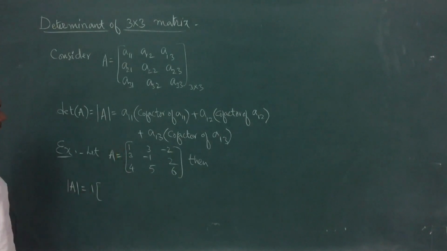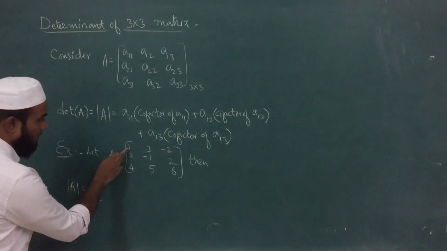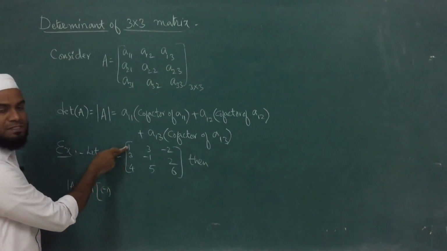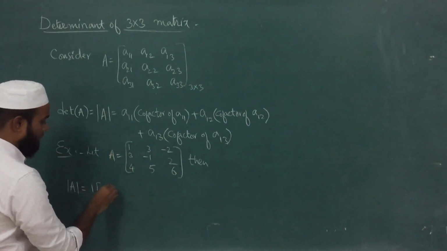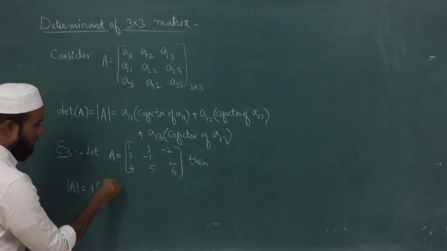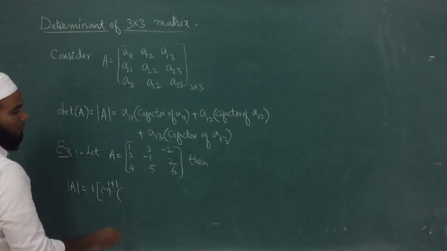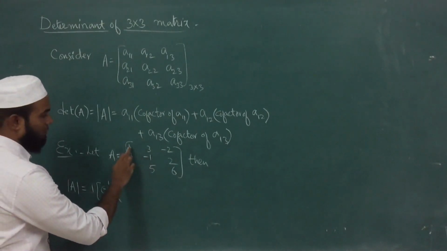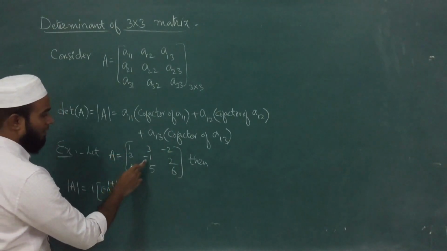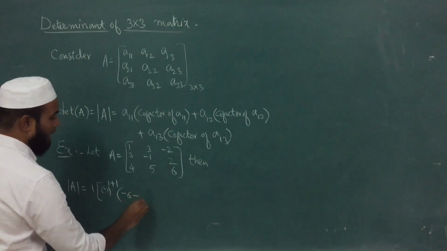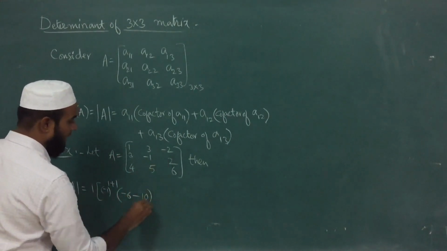cofactor of 1. How do we find the cofactor of 1? Minus 1 power, what is the position of this entry? First row and first column. So, 1 plus 1, into determinant of the remaining matrix. When you eliminate this row and this column, what will remain? Minus 1 into 6 is minus 6, minus 5 into 2 is 10, right.